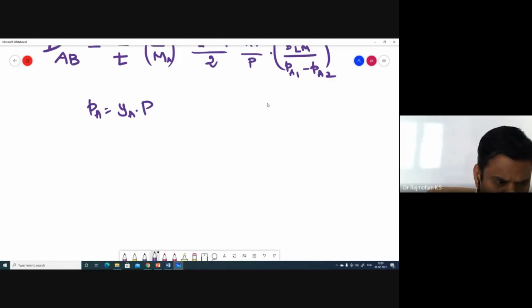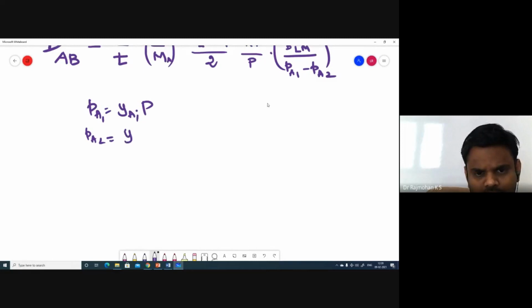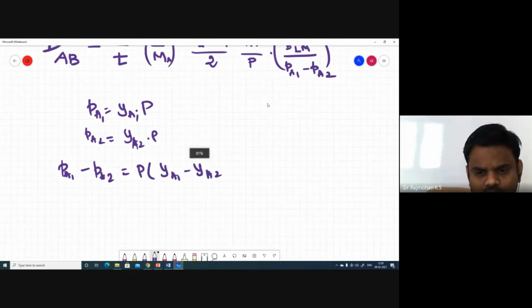Similarly, for both PA1 and PA2: PA1 equals YA1 into P, and PA2 equals YA2 into P. So if I write PA1 minus PA2, we are going to have P into YA1 minus YA2.